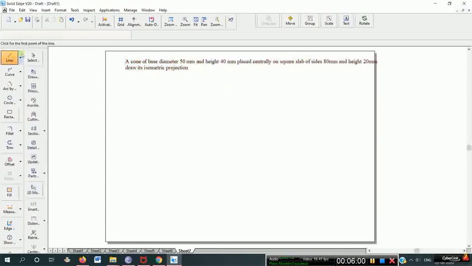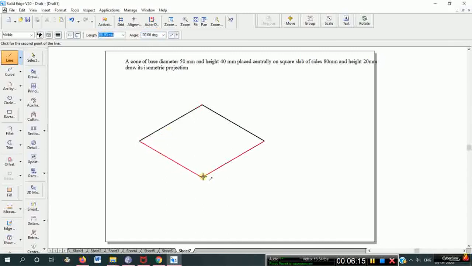So first construct the square slab, 80 mm on all the sides. You can easily construct it like this, with 20 mm thickness.